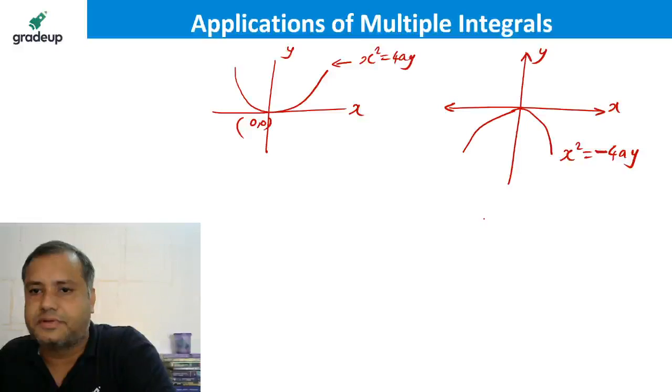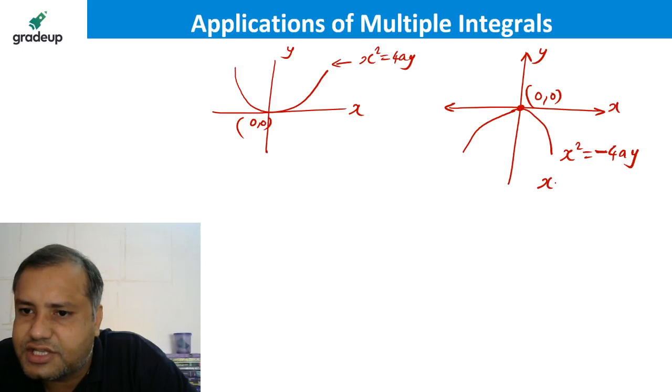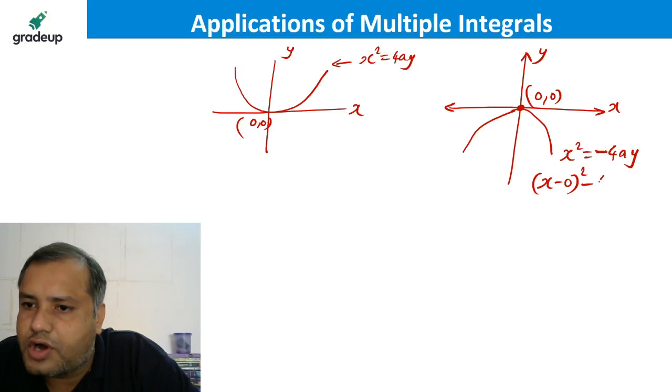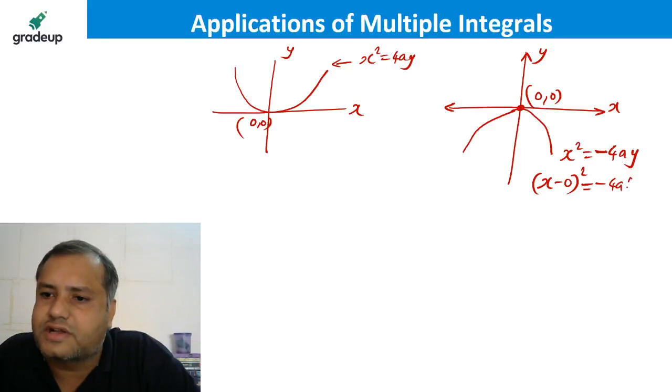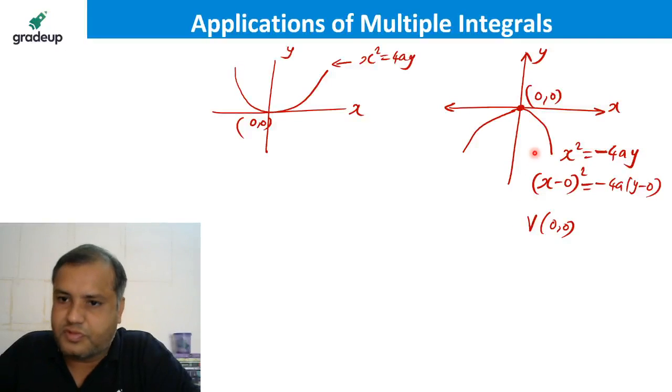Now, please see here. In this one, the vertex is the origin. What are you subtracting from x? 0. What are you subtracting from y on the right hand side? 0. So the vertex is 0, 0.